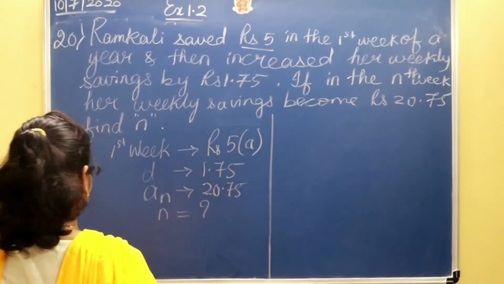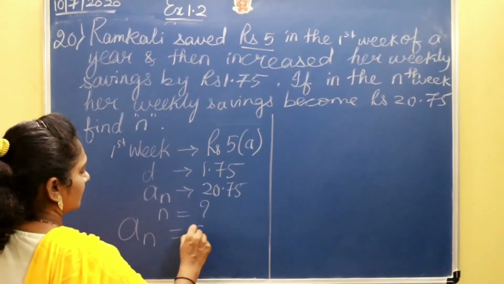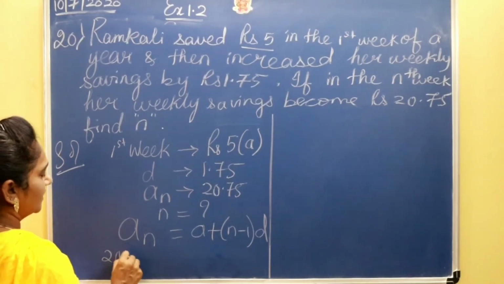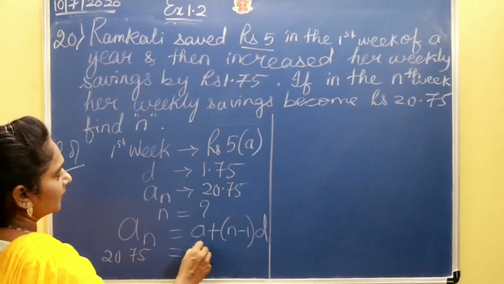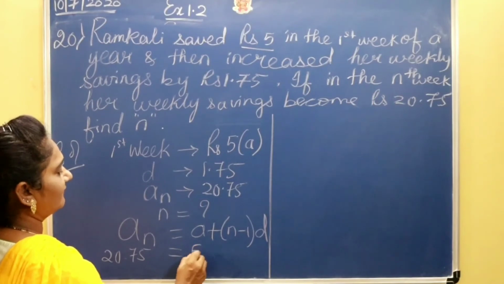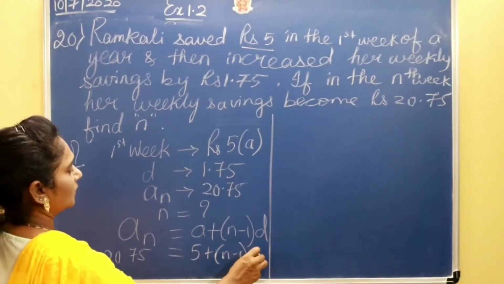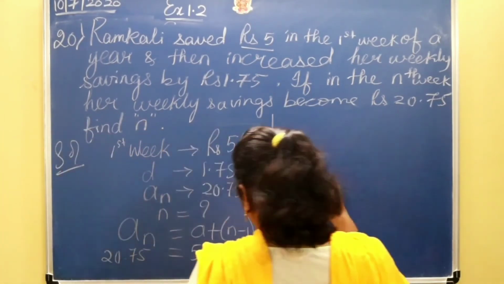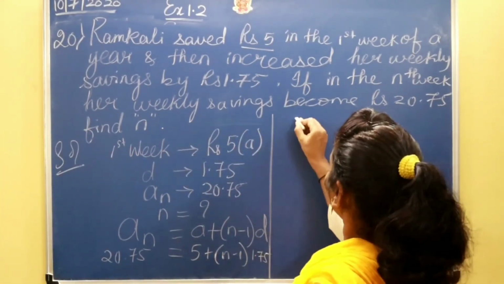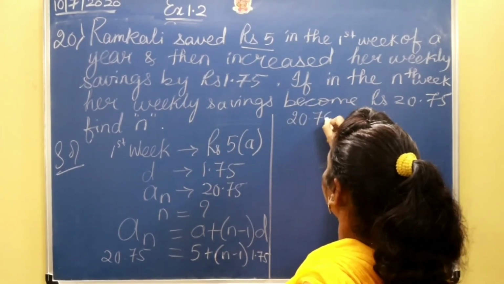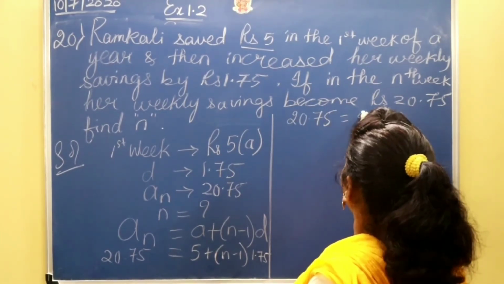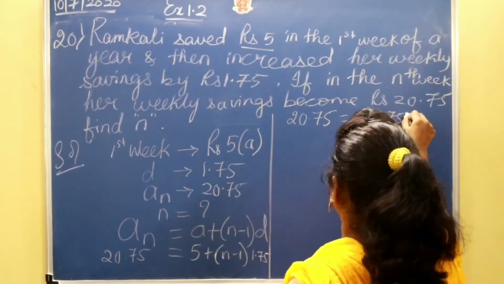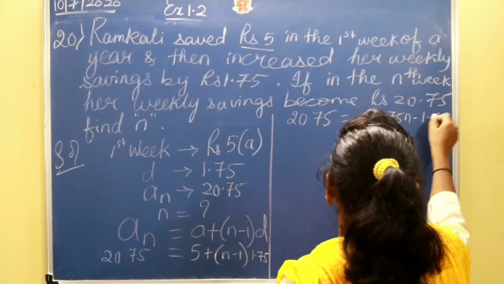Coming to the formula, you have to use the formula AN is equal to A plus N minus 1 into D. So it is 20.75 equal to 5 plus N minus 1 into 1.75. Going to the next step, 20.75 equal to 5 plus 1.75 N minus 1.75.